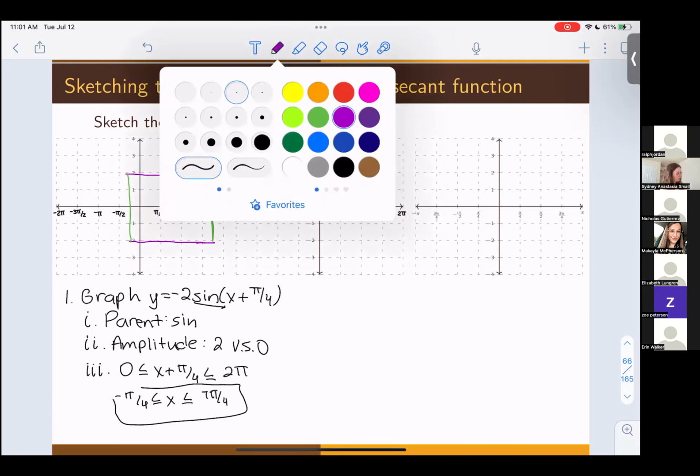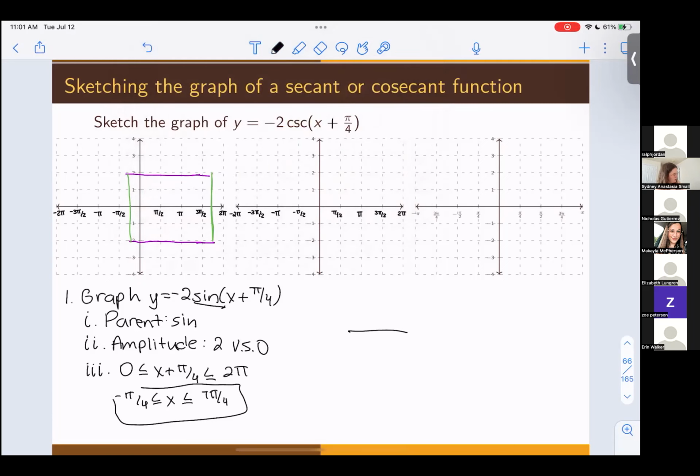Cool. We know that the parent graph of sine, if this is the midline, the wave looks like this. But we need to flip it upside down because, again, we have a negative out in front of our amplitude. So we're still going to start here, but instead of going up, we are going to go down. First, let's identify what halfway through our interval is.